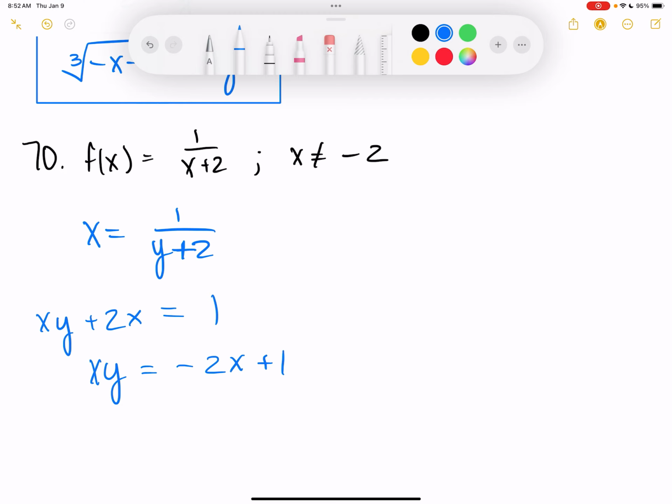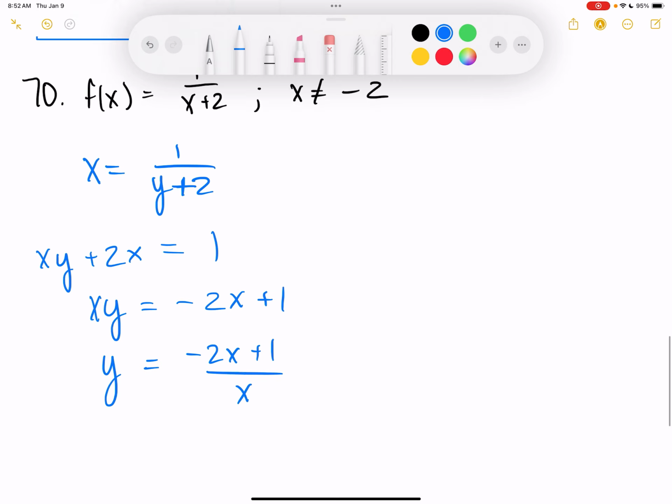And then I'm going to divide by x. Some people will do this, negative 2x plus 1 over x, which is totally fine. Or the other way we can do this is y equals negative 2x over x plus 1 over x, and then reduce it to y equals negative 2 plus 1 over x.